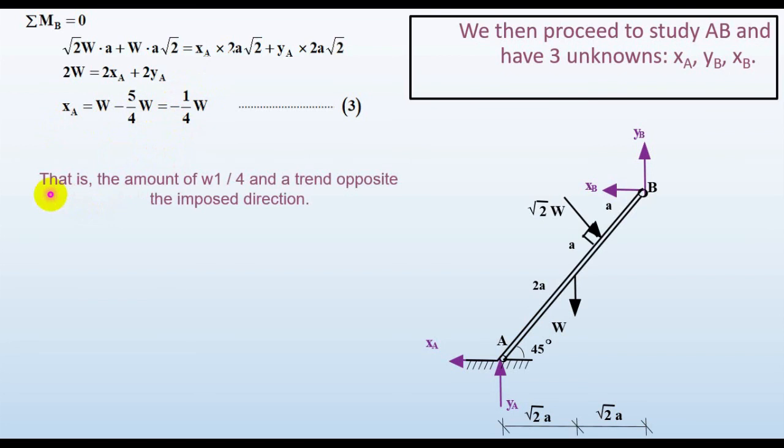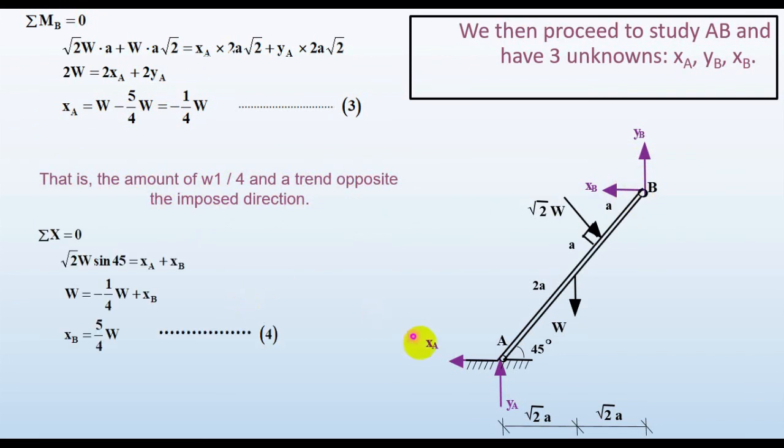Now if we look at the amount of that and trend opposite the imposed action direction for this one, it means in our direction the reaction should be in that direction, not this direction.